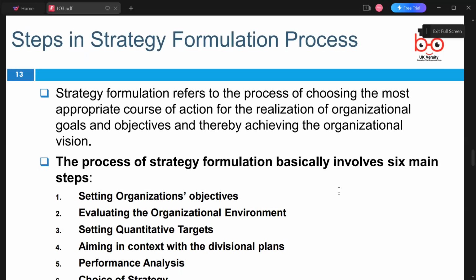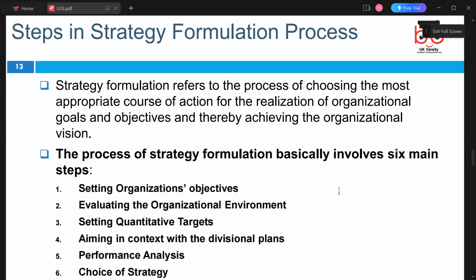So it is important for the company to understand and be able to process this formulation. A strategy formulation process refers to the process of choosing the most appropriate course of action.